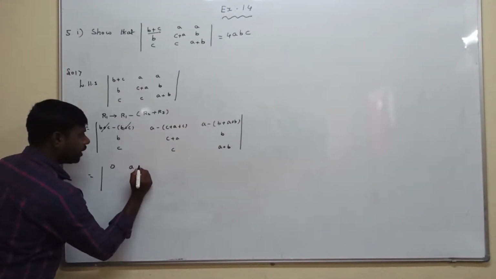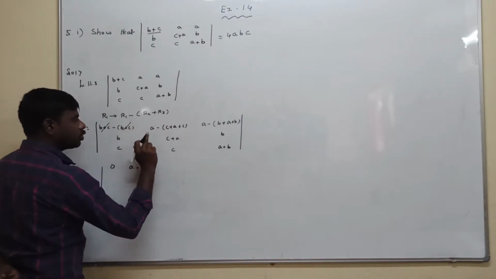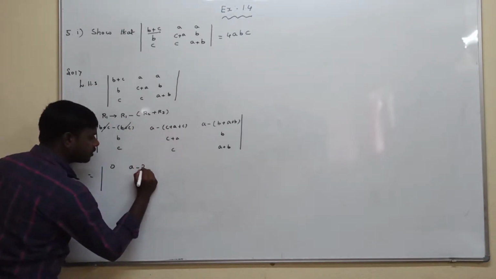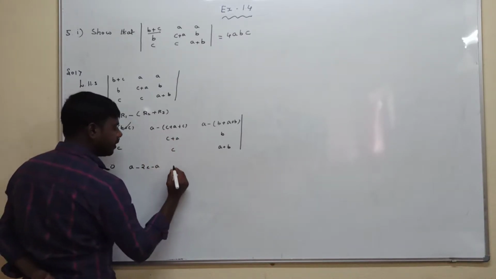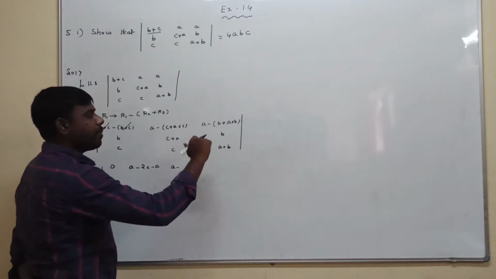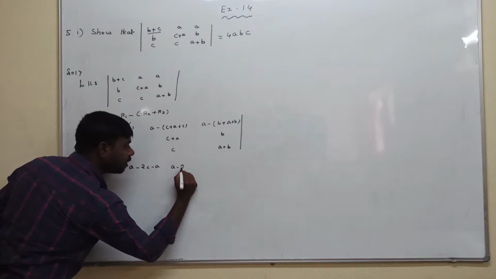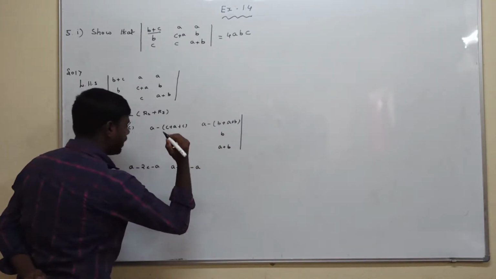Removing the negative, A minus C plus C is 2C, so plus 2C with the minus sign is minus 2C. Then A minus (B plus B) is minus 2B, so with the minus sign that value is minus 2B.